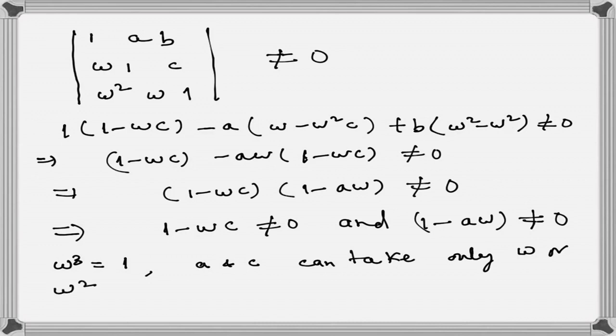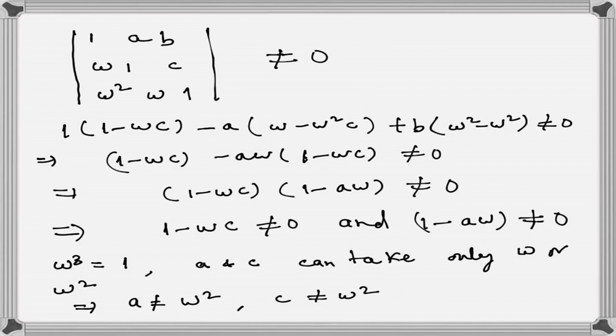So given W cube is equals to 1 and 1 minus WC not equals to 0, this implies that A not equals to W square, C not equals to W square, because if A and C are W square, then 1 minus WC will be 1 minus W cube, which is equals to 0.